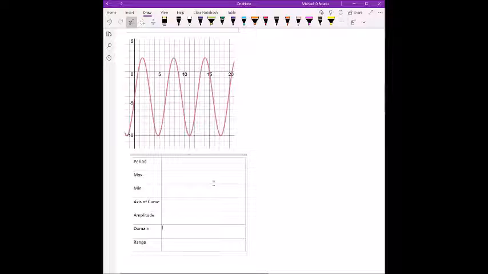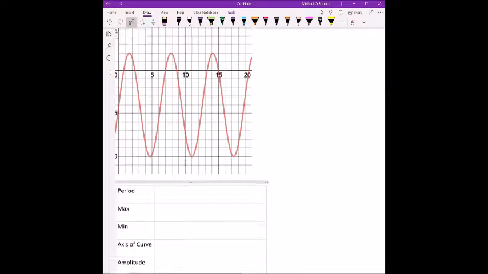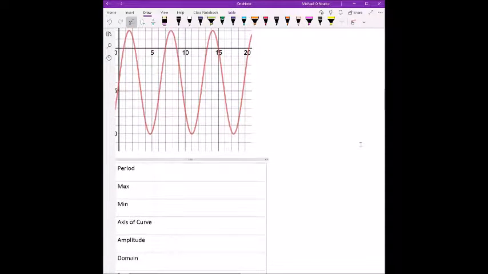Alright. So let's do one more of these. Or better yet, I'm gonna give you, let's say, 4 minutes to fill out this chart. Then I'll go through it and we can check our understanding with it. Would you rather me give you 4 minutes to fill it out or walk through it with you?